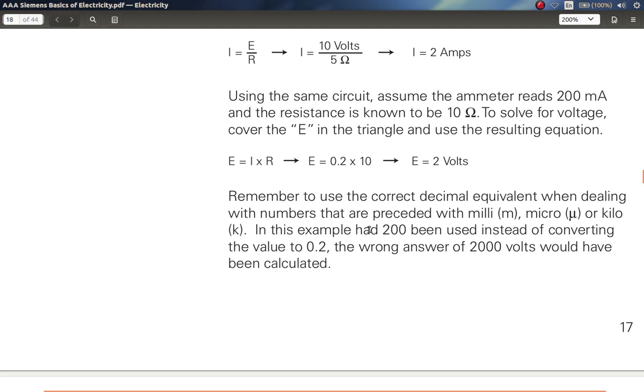In this example, had 200 been used instead of converting to the value of 0.2, the wrong answer of 2000 volts would have been calculated. So it's a matter of understanding the units and prefixes that you're using.